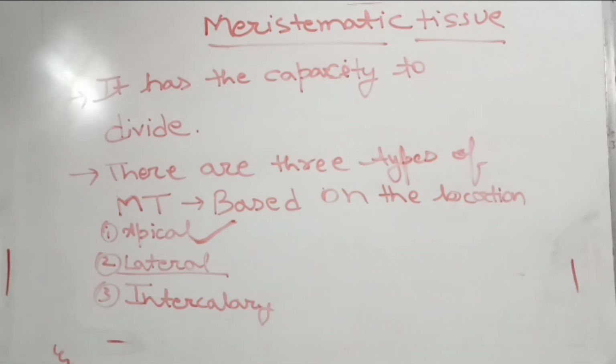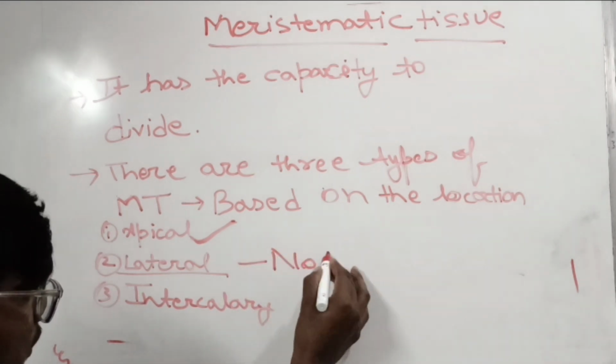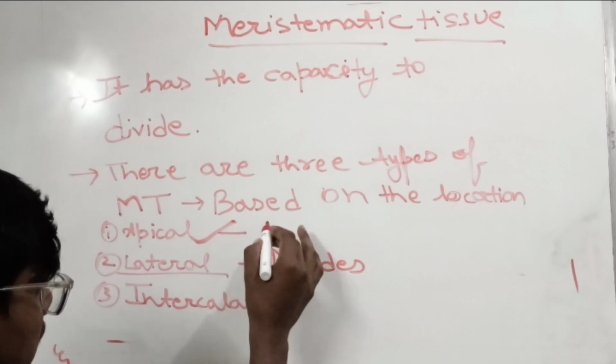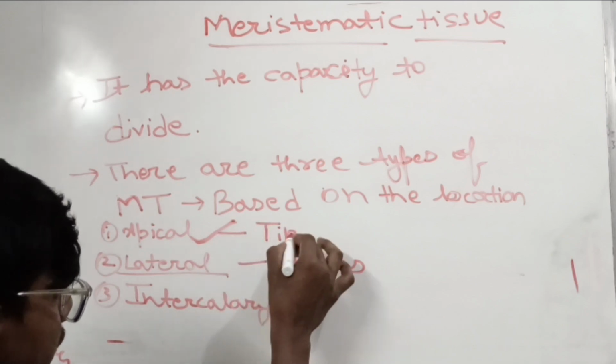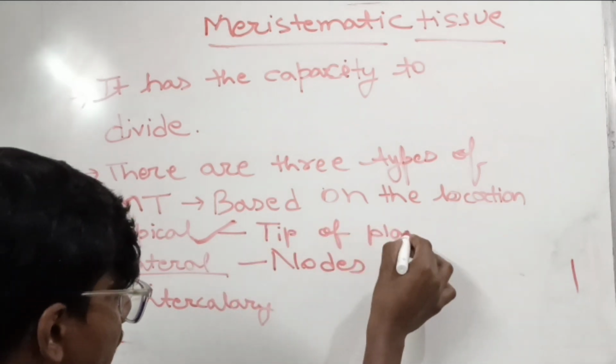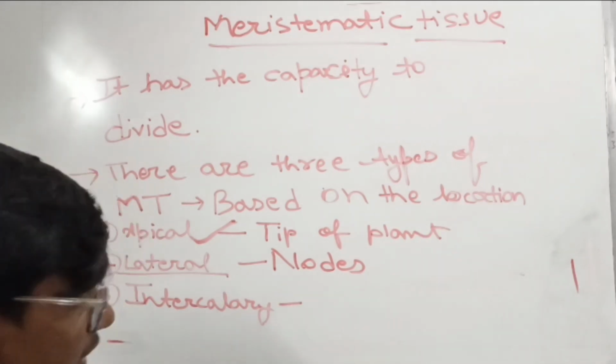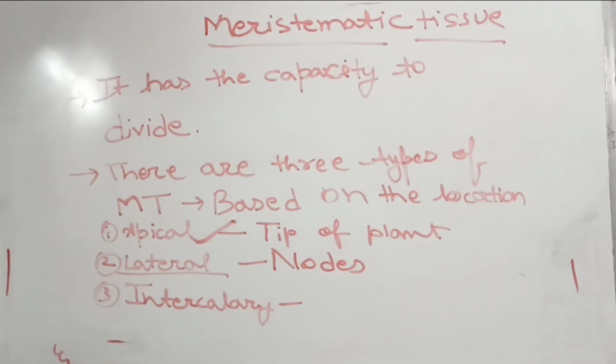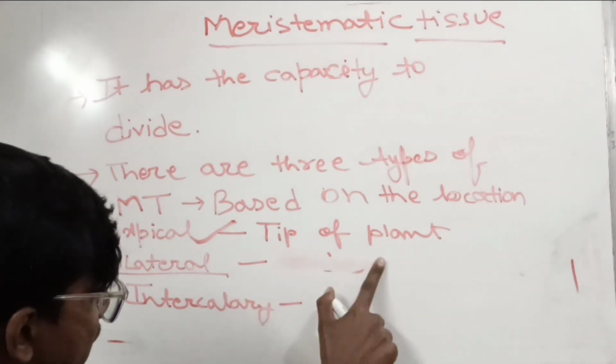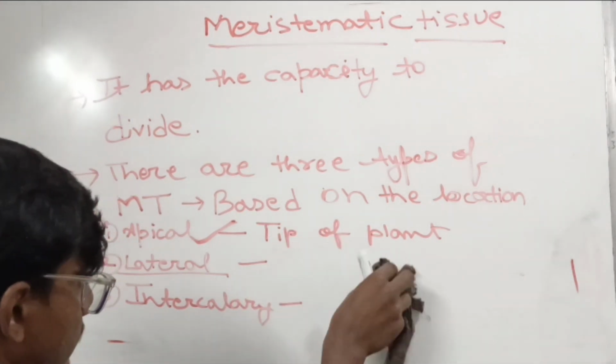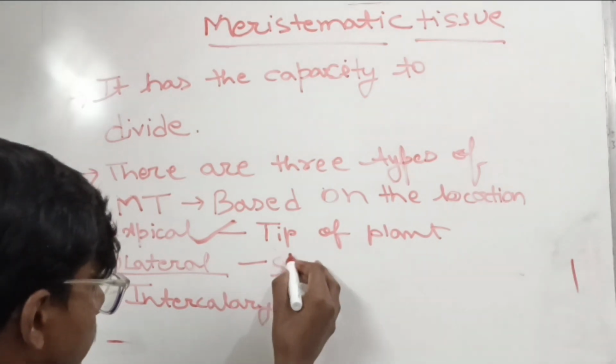You can see this lateral meristem at the nodes, present sidewise. Third one is the intercalary.